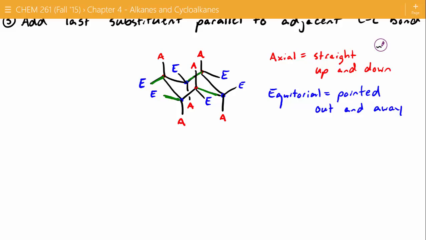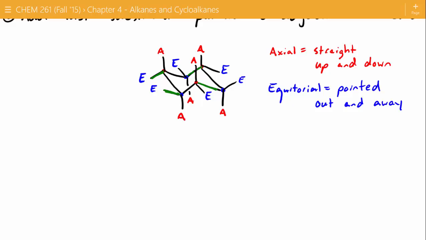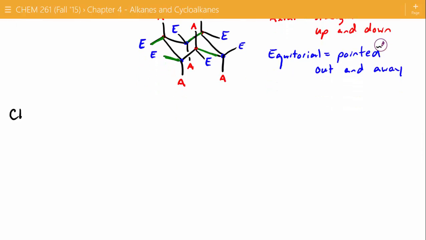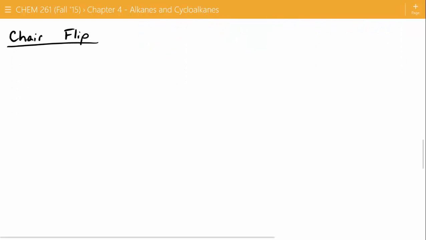We're going to draw it. So I'll show you guys how I like to draw chair flips. All right, so we first have to draw our original chair.